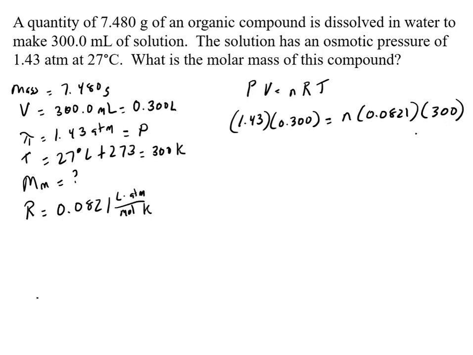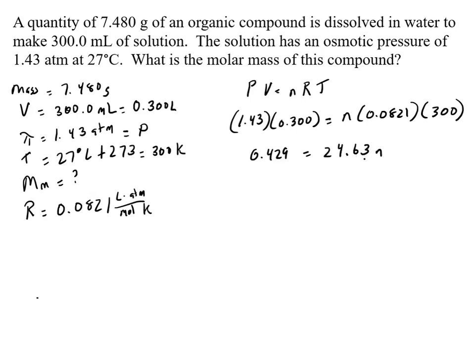So remember when you're doing these, you must have something that's unknown, okay? And when I multiply these two things together on the left-hand side, I get 0.429. And on the right side, I get 24.63 n.